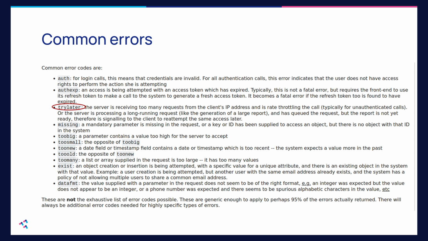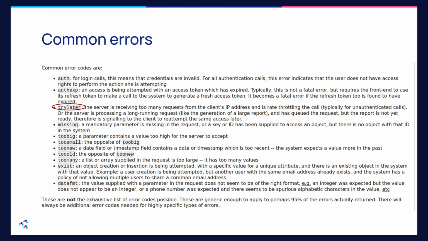In that case, the web service business logic will not even be triggered. An outer layer will track the web service request frequency. That rate throttling code will be triggered, and it will return from your request with a response saying error code, try later. What this means is you are trying too frequently, come back again. So that is one condition when you will get try later.